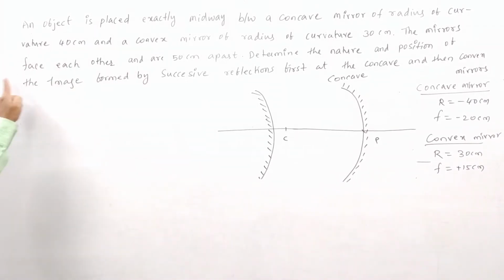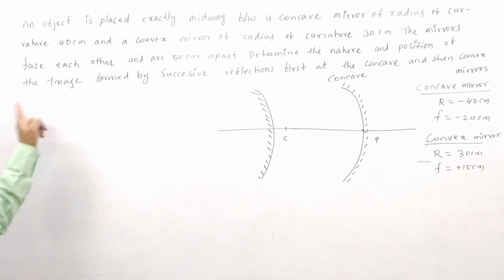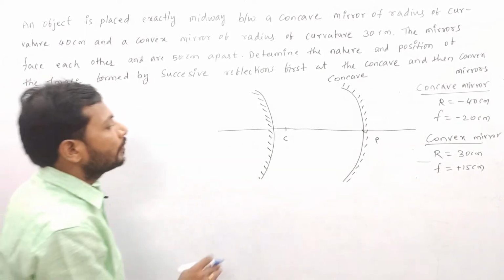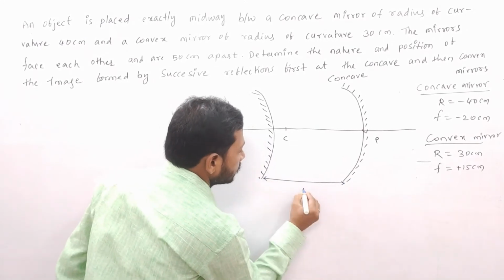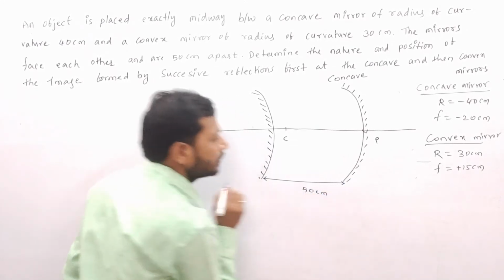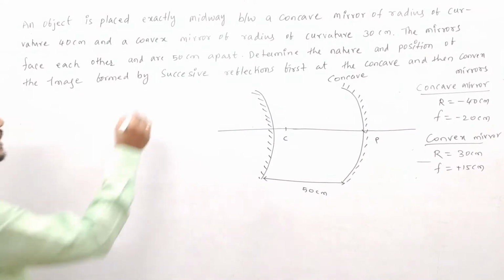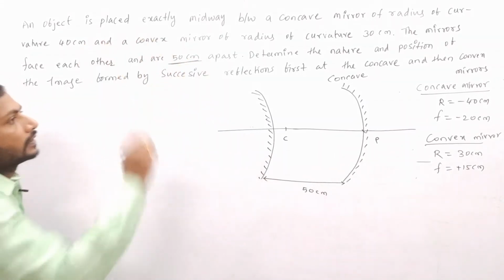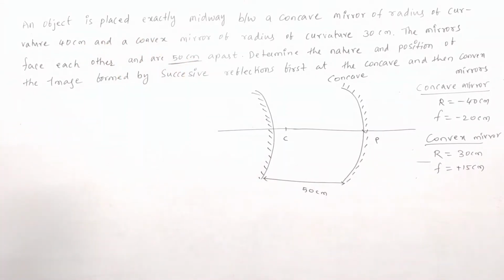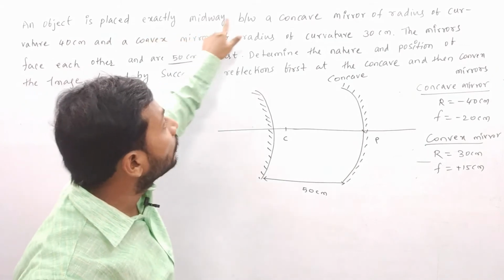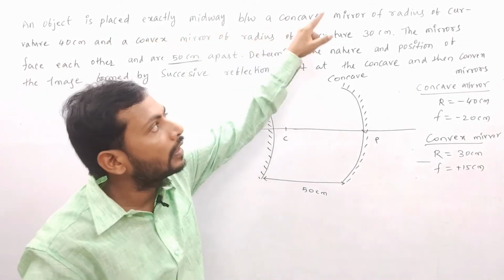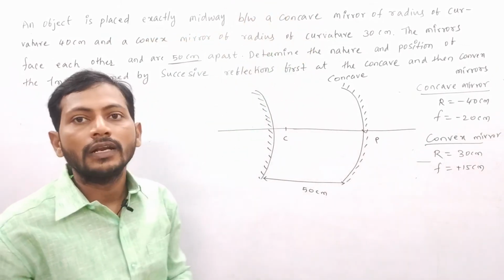So now where is the object? The gap between these two mirrors is how much? The gap between the two mirrors is 50 centimeters, given here children. Please write it. Next, where is the object kept? An object is placed exactly midway between the concave and convex mirror.